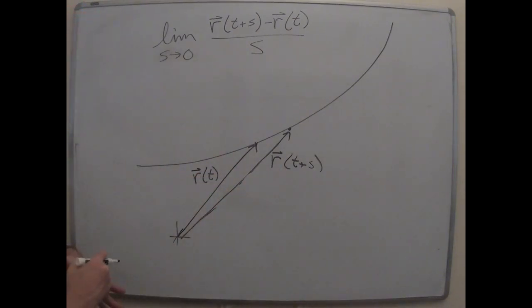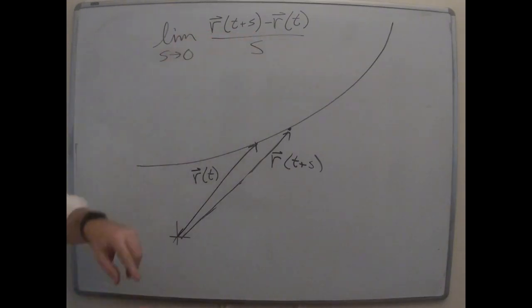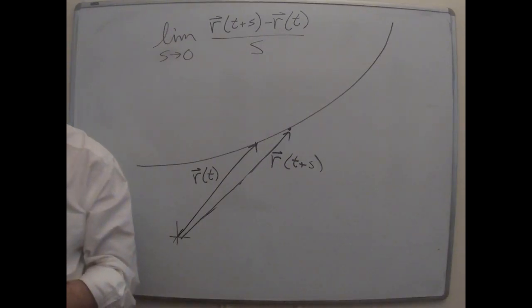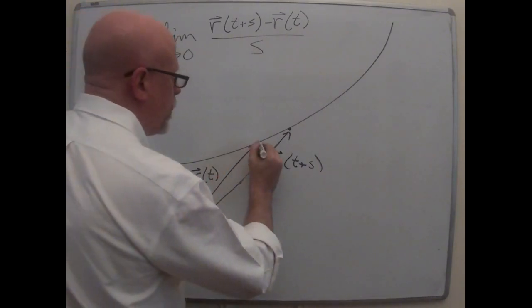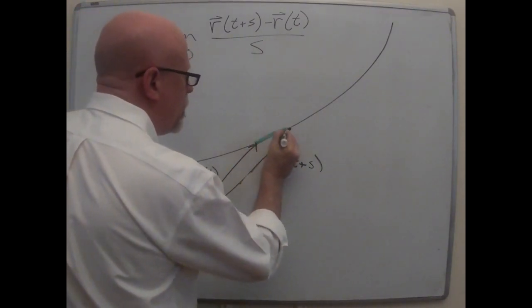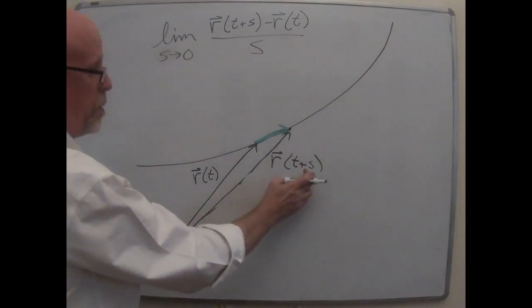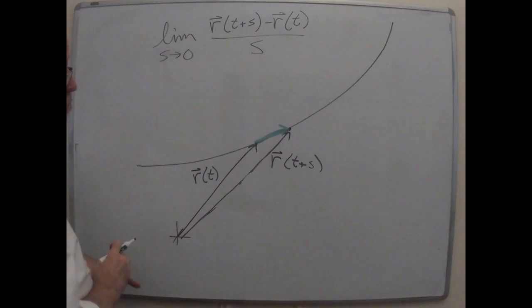What vector do you get when you subtract the later one minus the earlier one? I was hoping to go for red, but here's a green marker. It's there. And what happens is I take the limit, let s get smaller, and this guy gets smaller.